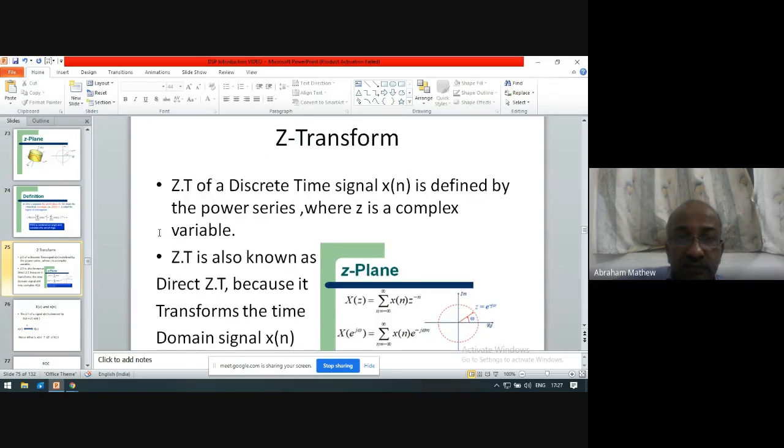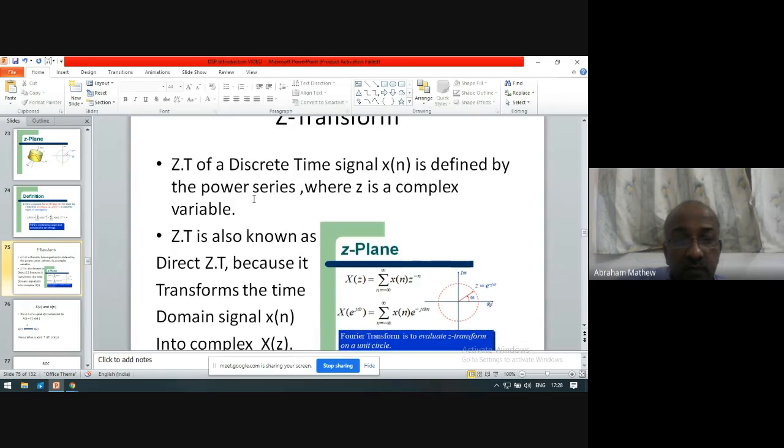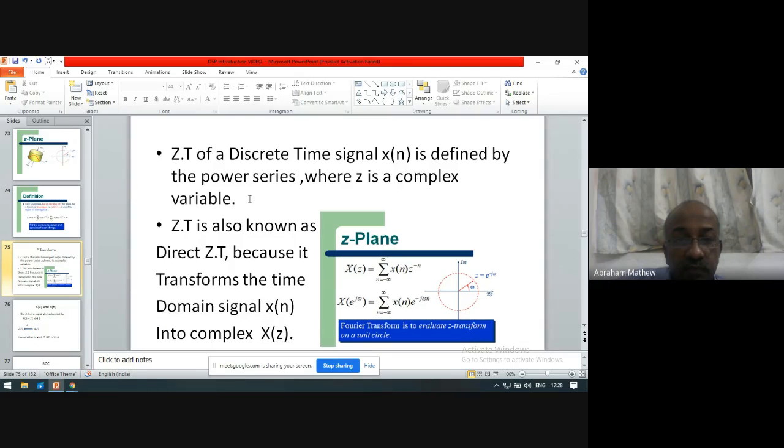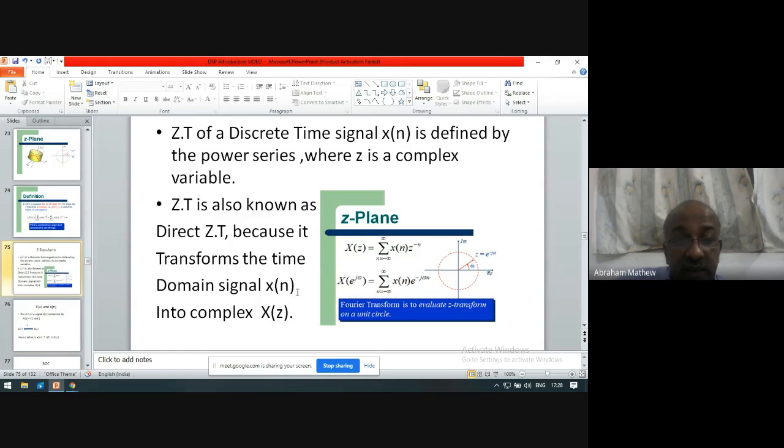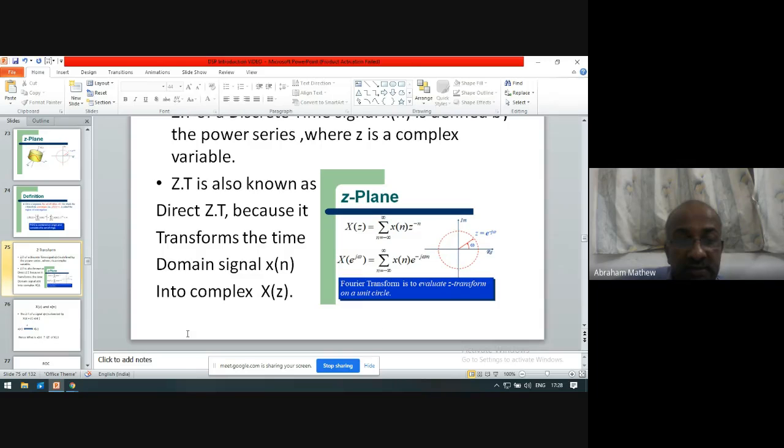The Z transform of a discrete time signal is defined by the power series. What is Z here? Z is a complex variable. And it transforms the time domain signal x of n into x of z. What is x of z? A complex variable.